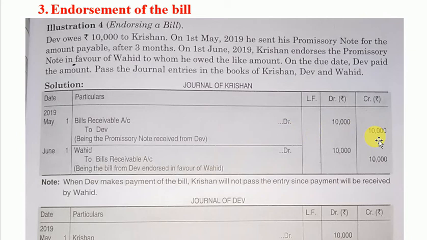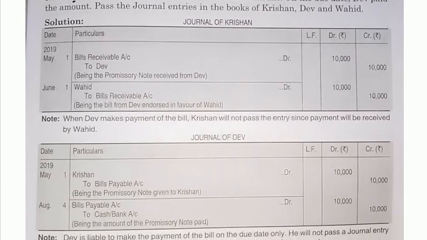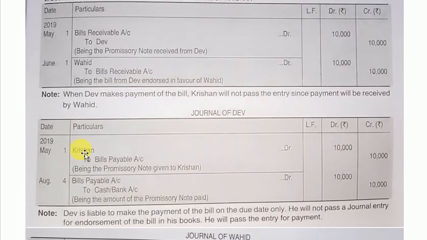The simultaneous entry in the book of drawee Dev for the same transaction is: Krishan debit to bills payable account, being bills payable accepted from Krishan, 10,000.